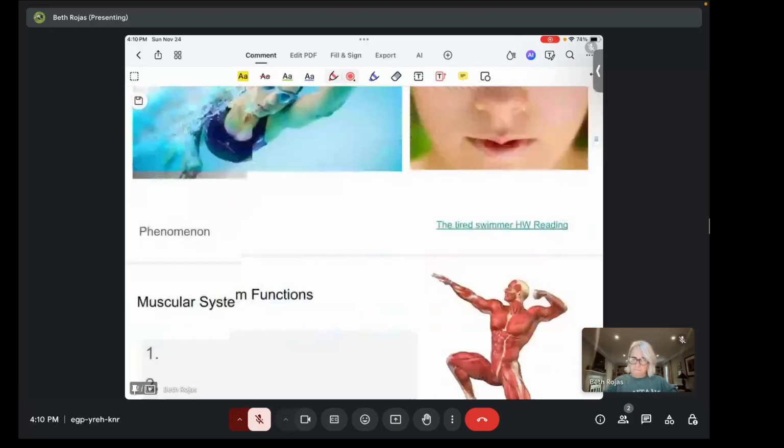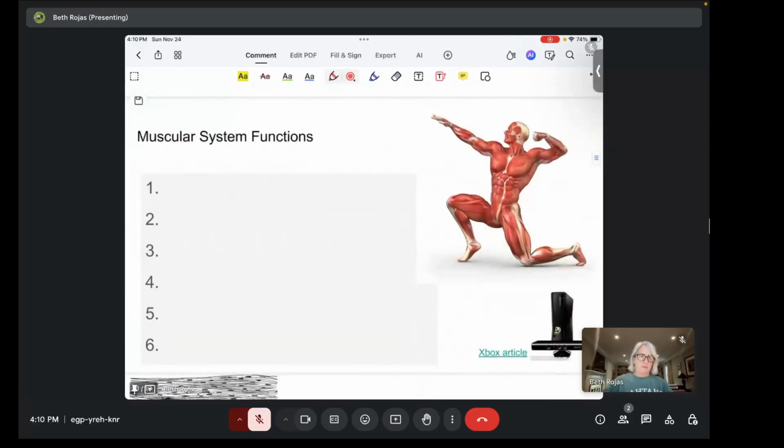Okay, so I like to start right away with the basics, like what are the major functions of the muscular system. Most people right away say movement. I usually brainstorm these together with the class. But yes, it's movement. I want you to think of movement as moving the bones, right?